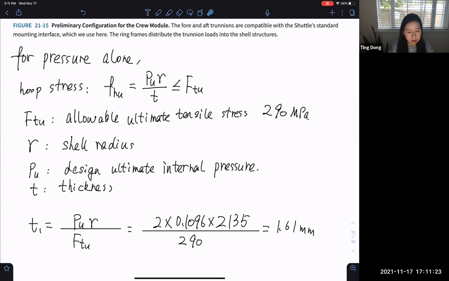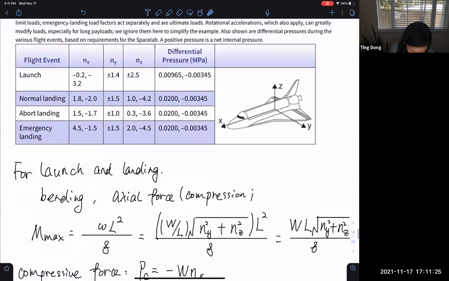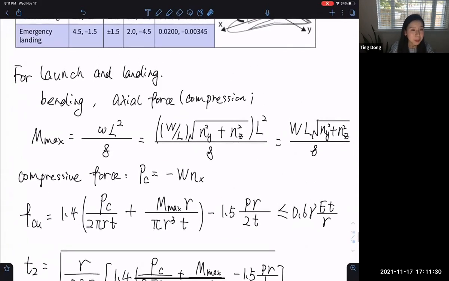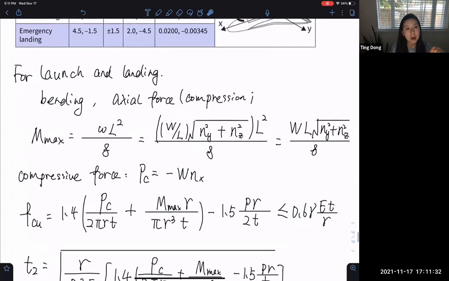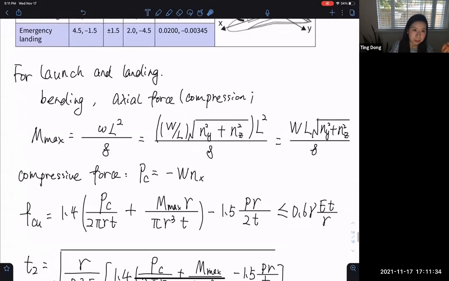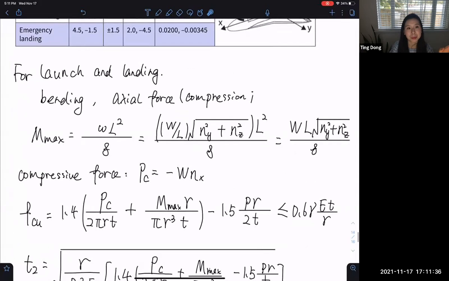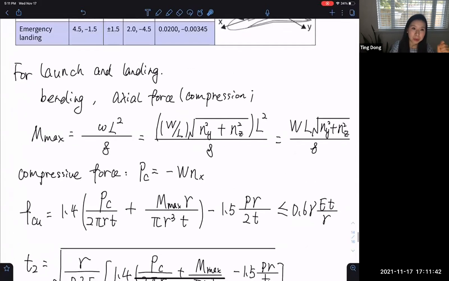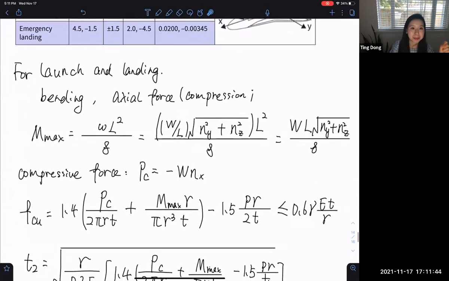So this is everything I want to talk about for the structure analysis, but of course, this is hand calculation. You can also use any software you want, just make sure the result is reasonable, because I have seen so many times in FEA class and aircraft design class, they show a very beautiful picture, but the result doesn't make sense.